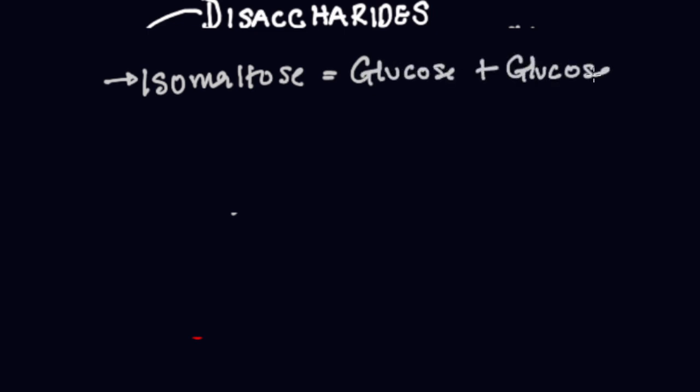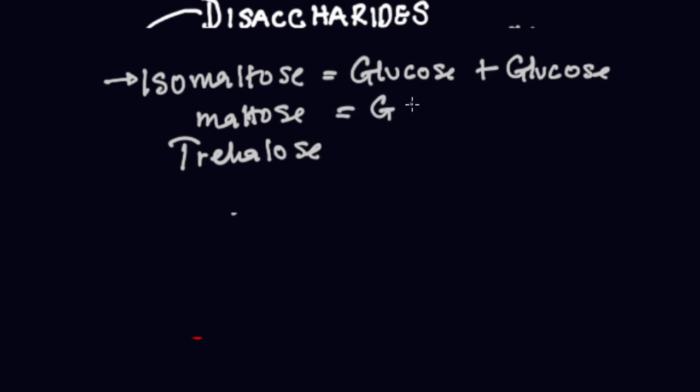But the orientation of the glucose is different from that of maltose. Don't forget, we have isomaltose, maltose, and also trehalose. They are disaccharides that contain glucose residues, but the orientation of the bond is different.